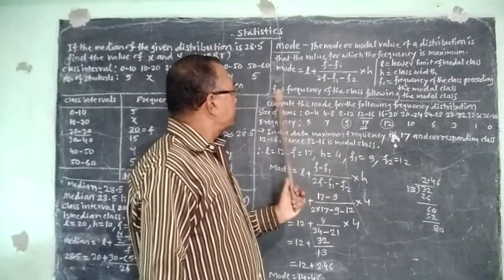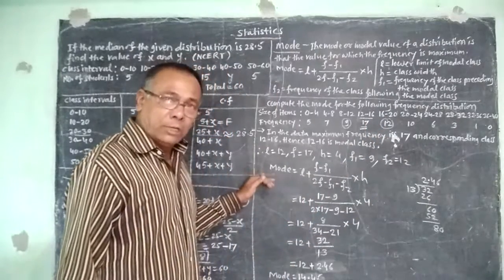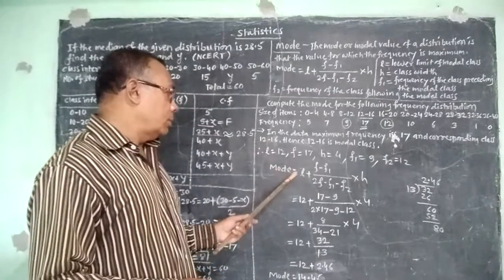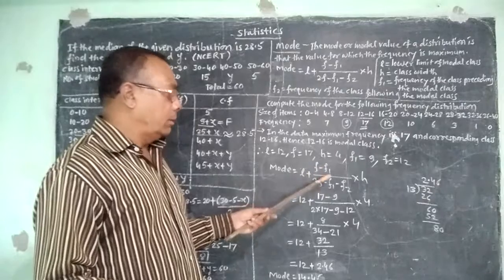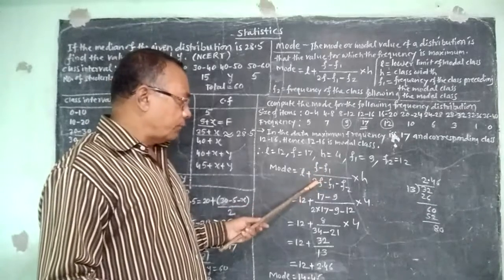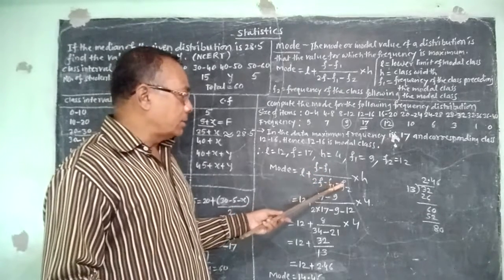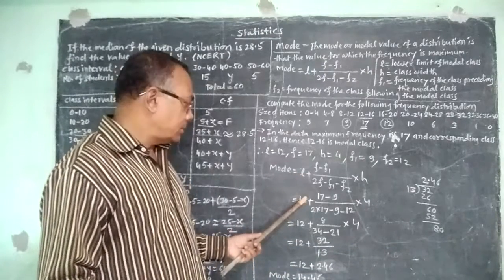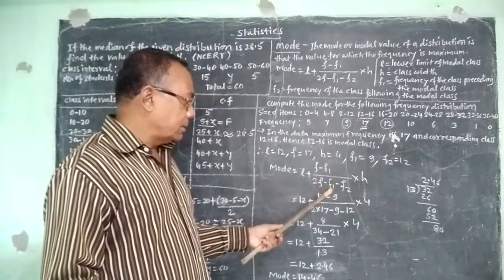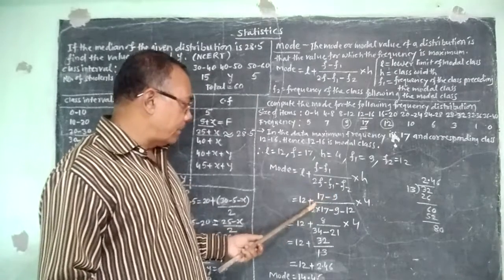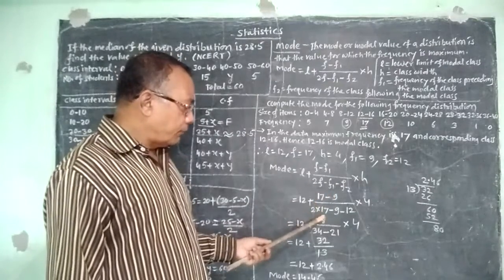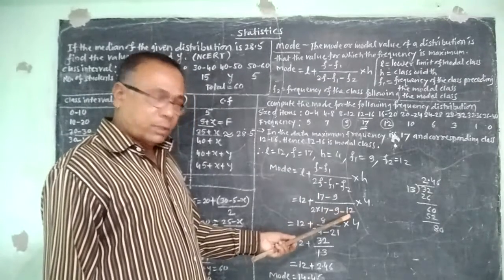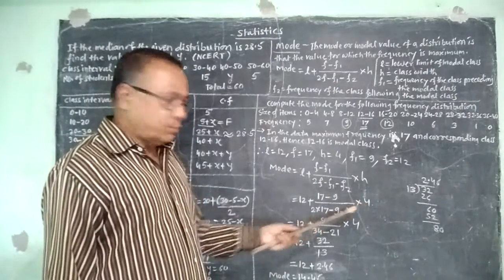So 12 is f2, and now substituting the corresponding values in the formula, we get mode is equal to L plus (f minus f1) divided by (2f minus f1 minus f2), into h, which is 12 plus (17 minus 9) divided by (2 into 17 minus 9 minus 12), into 4.